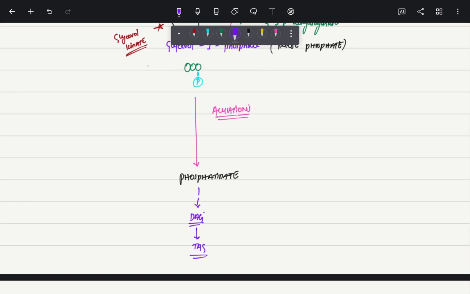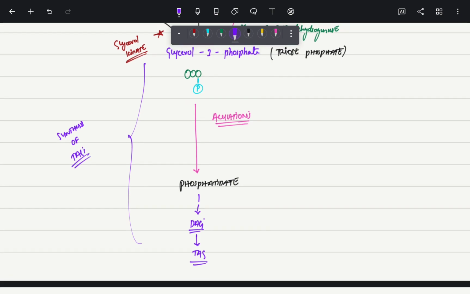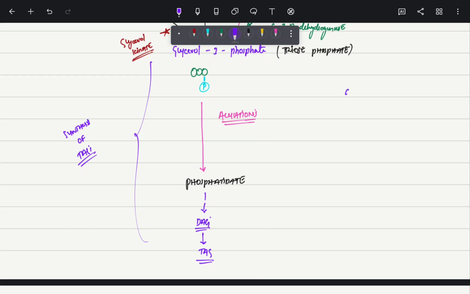So we have to understand this entire pathway in the synthesis of triacylglycerols. We are going to convert the glycerol 3 phosphate into phosphatidate, then into diacylglycerol, and finally into triacylglycerols. This entire pathway we need to understand in a crystal clear manner.